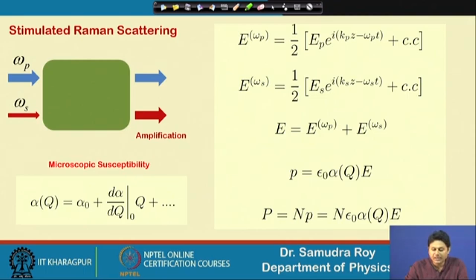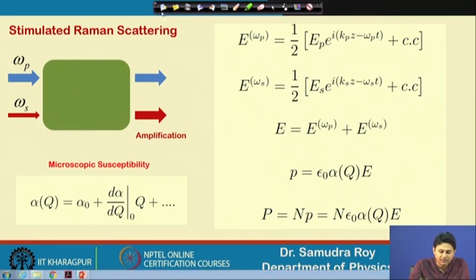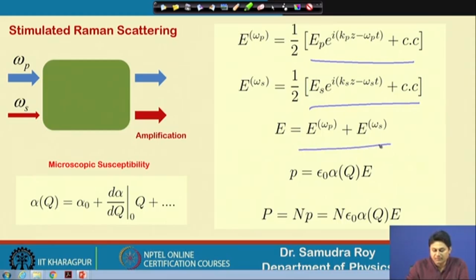In plane wave form, I can write the pump and Stokes in this particular form, which we already used. The total field is E(ω_p) plus E(ω_s).